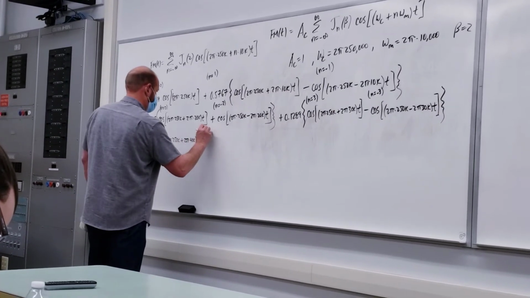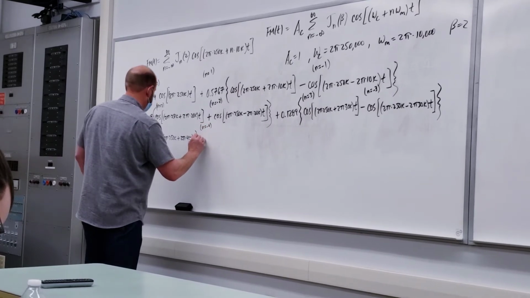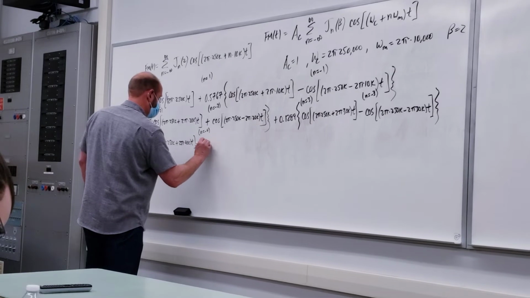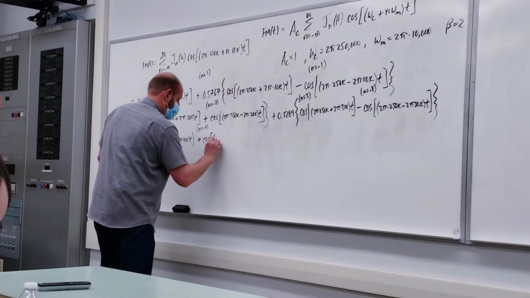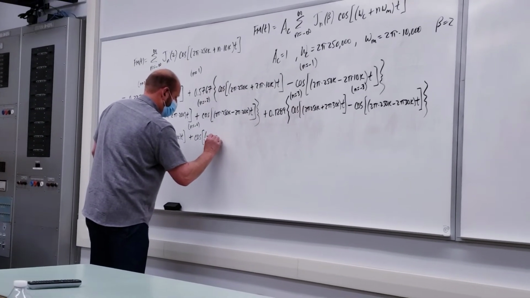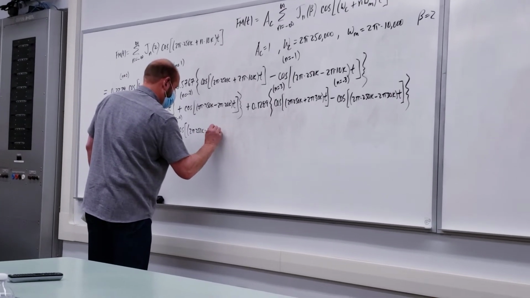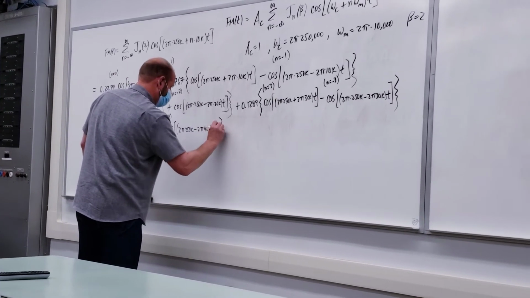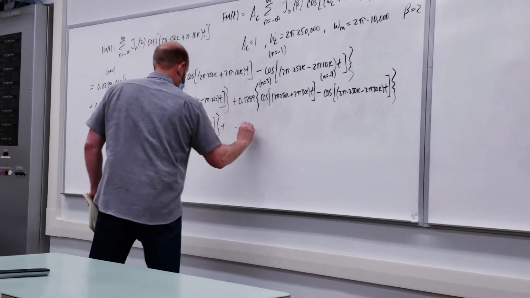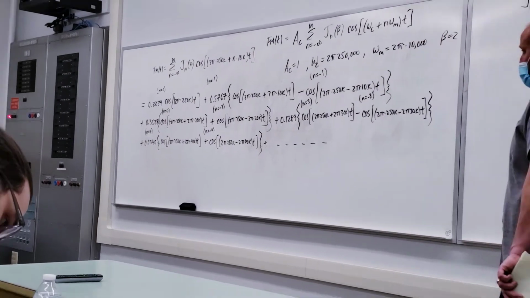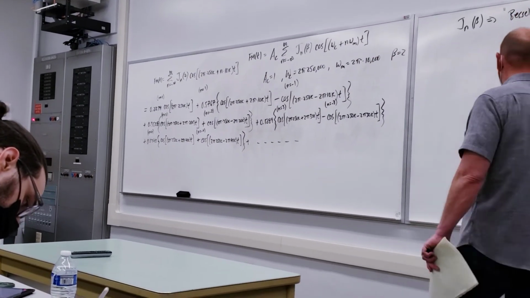Now the n equals minus 4 term. For minus 4, it's a plus this time. Cosine 2 pi 250,000 minus 2 pi 40k t. And so on, forever. So we'll stop there and plot this.